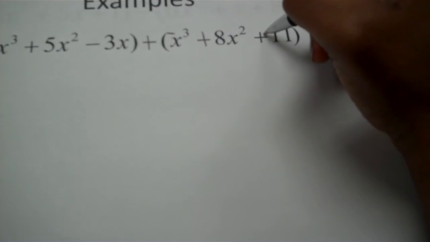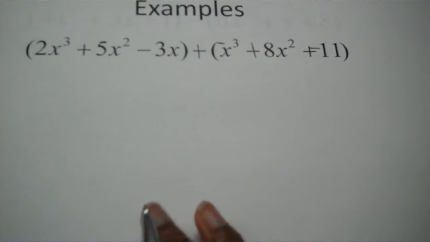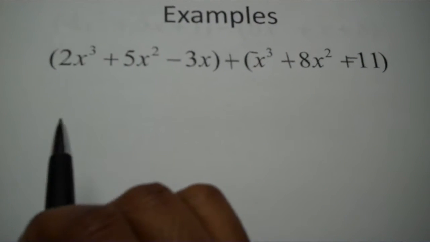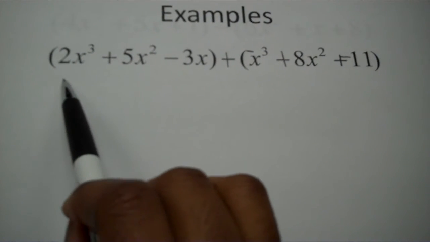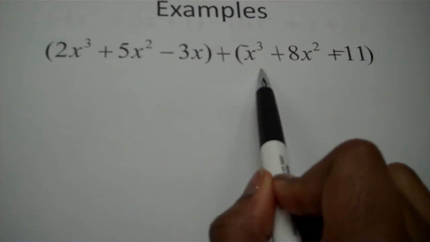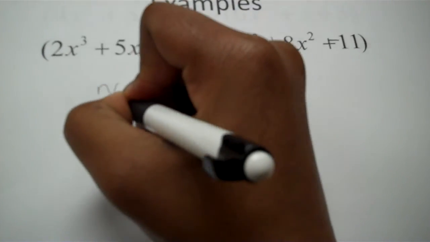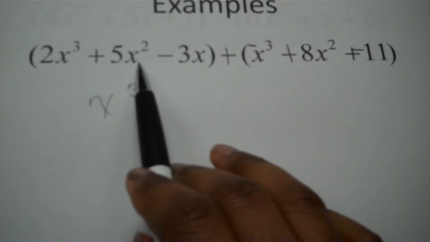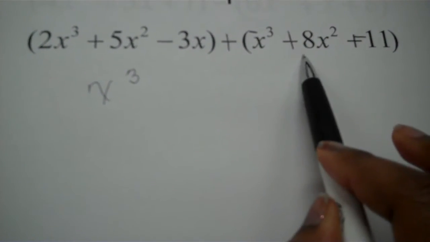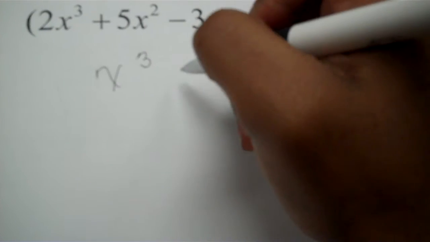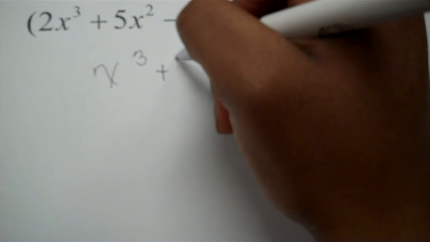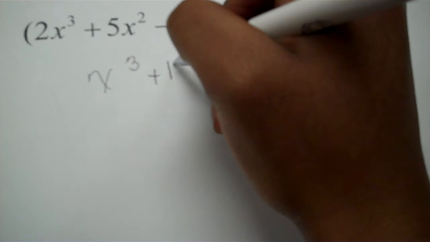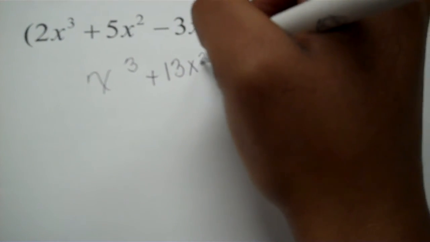And since this was a plus, it now becomes a negative. Then I can combine. 2x cubed plus a negative x is just x cubed. 5x squared plus 8x squared is going to give me a positive 13x squared.